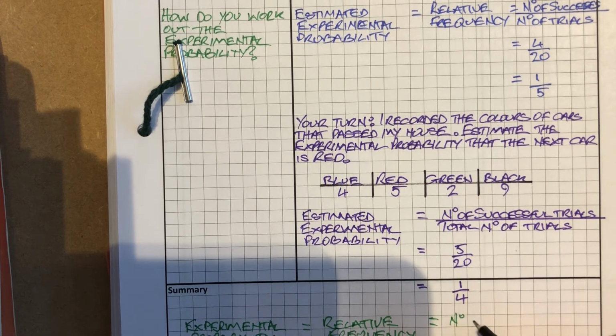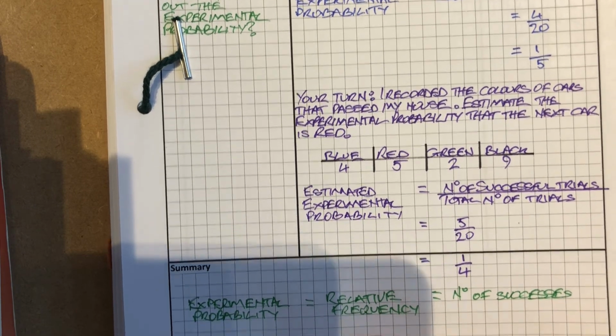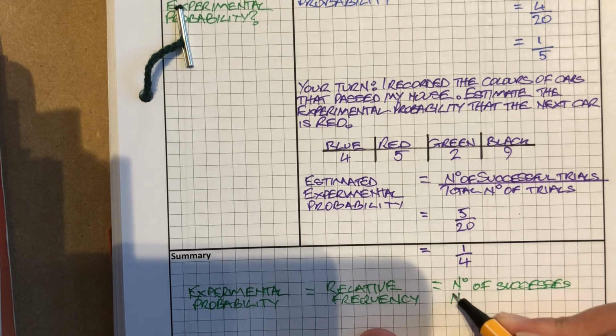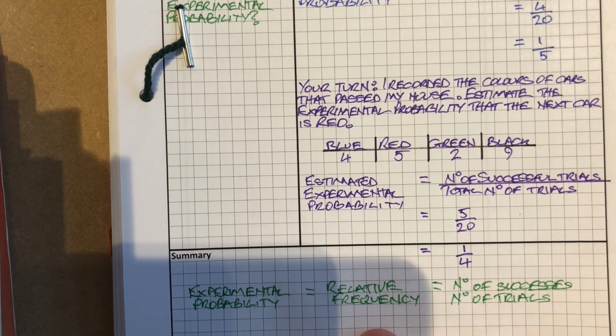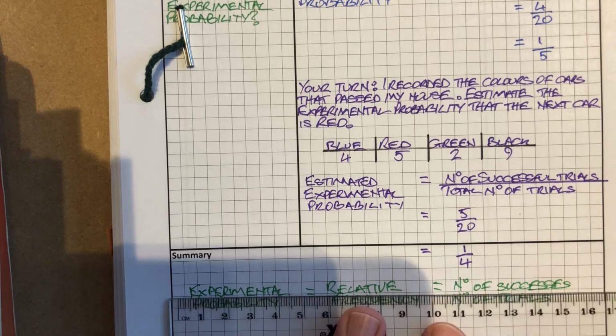So the number of successes over the total number of trials. How many times did you carry out the experiment?